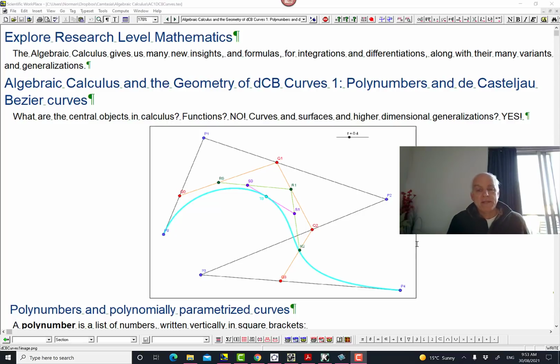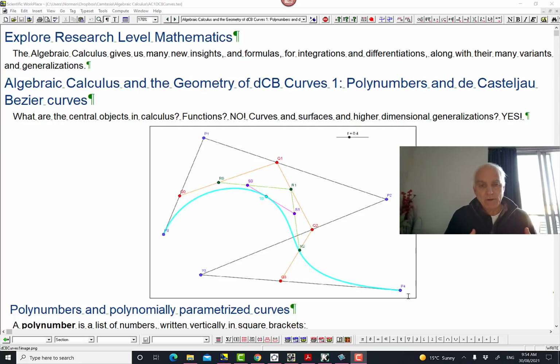And I'm claiming that these curves are actually properly the central objects in calculus, at the most elementary level. They're at the heart of things. So it turns out that these curves are not only critical for calculus, but they have their own intrinsic geometry.